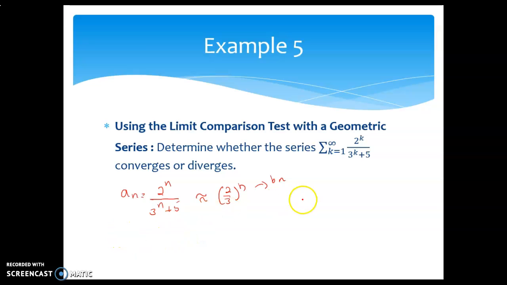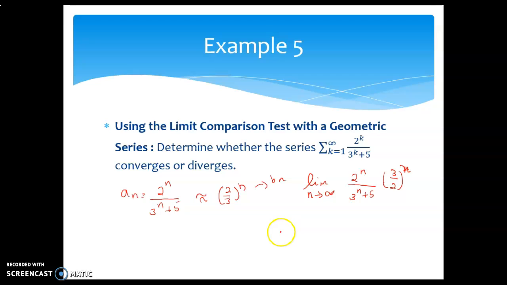Okay, so at this point we're going to say the limit as n goes to infinity of a sub n over b sub n. At this point, a sub n is equal to 2 raised to the power of n divided by 3 raised to the power of n plus 5, times 3 over 2, raised to the power of n.